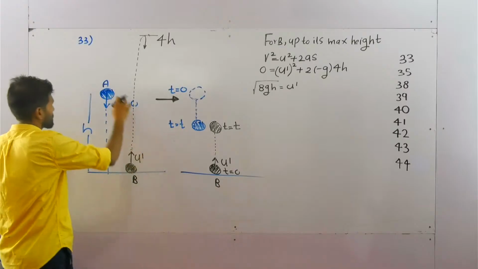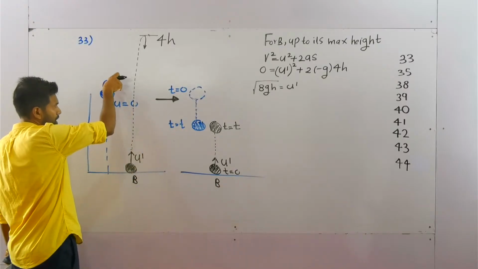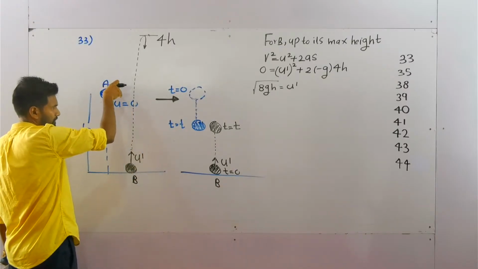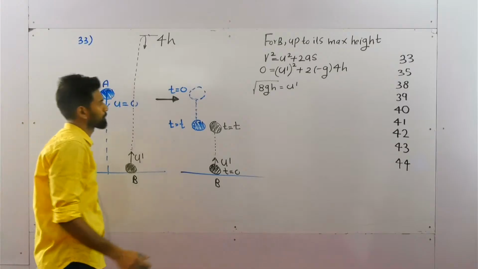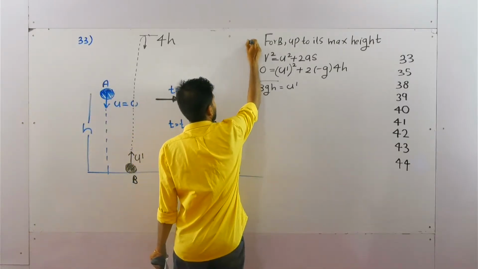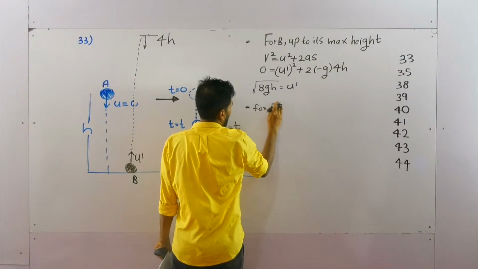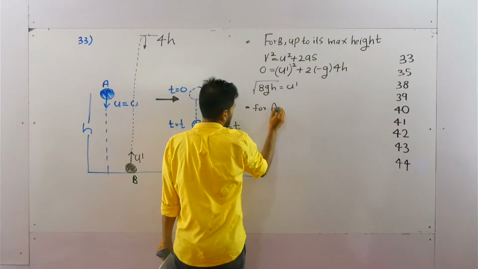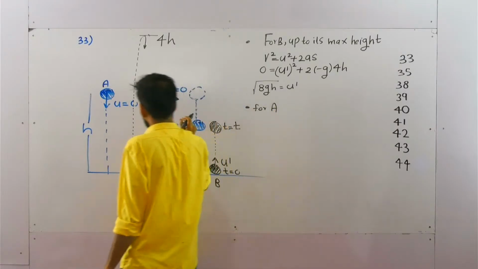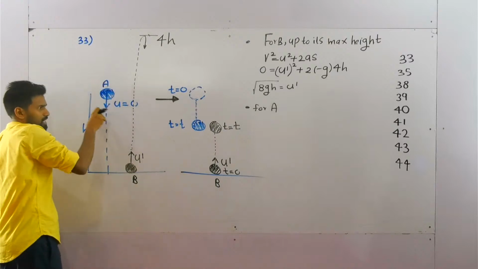And the stone which was released from a higher point started from zero velocity. Now, capital A means the stone which was released from a certain height.